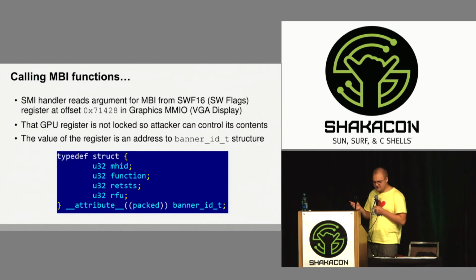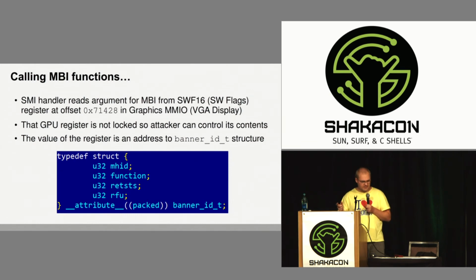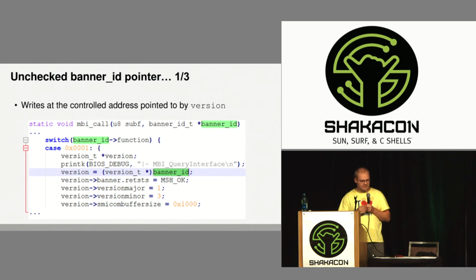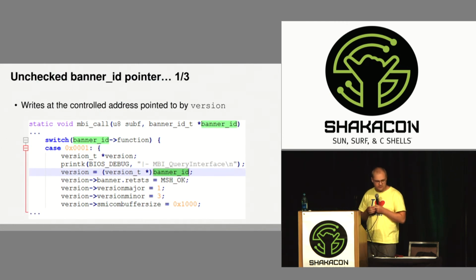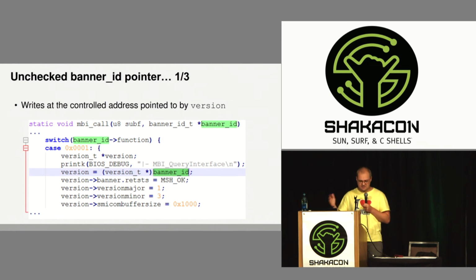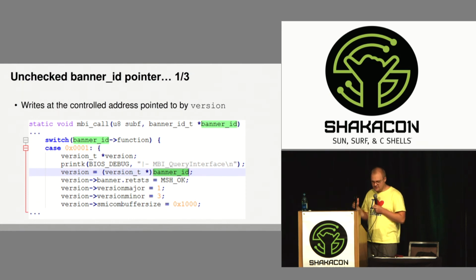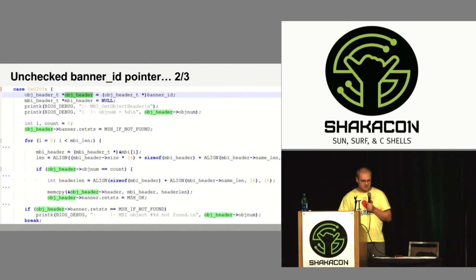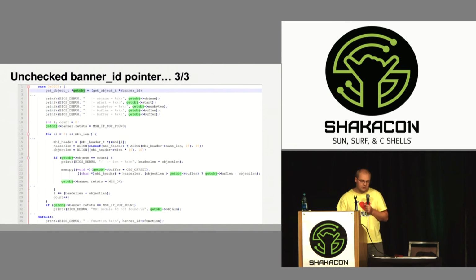This value is the address of a structure, and the structure has a couple of fields. If you look at how the MBI call handles it, we'll see that it has a bunch of writes to that structure. So again, if we overlap the structure with the SMM, we can have a write primitive to the SMM code. And it has much more. That was kind of a golden function because it has a lot of writes and more.